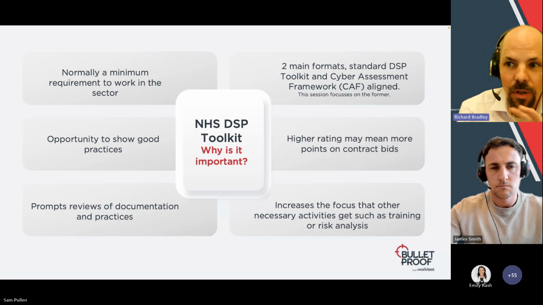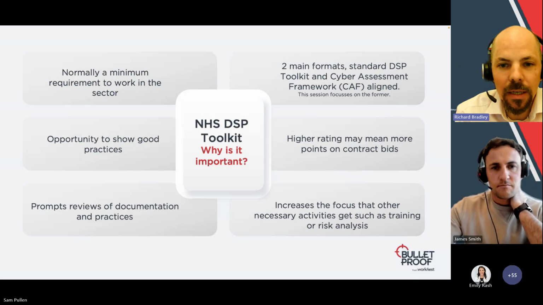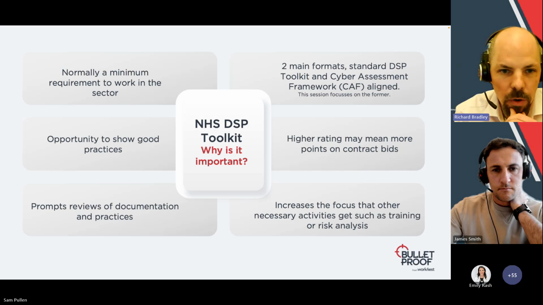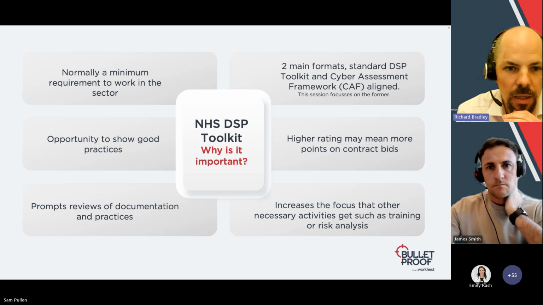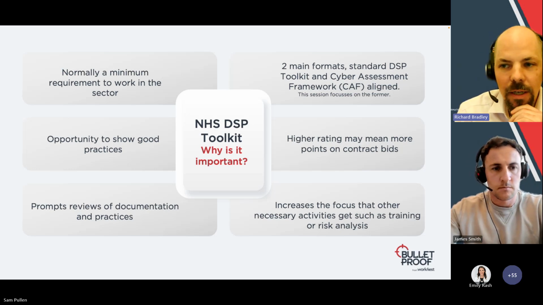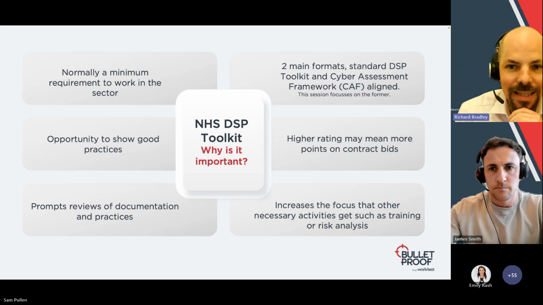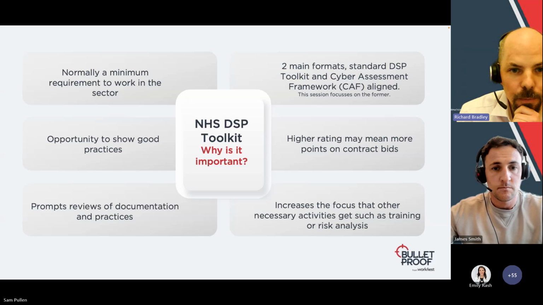It is completely different in its layout and how you complete it, and has a little bit more flexibility in terms of how you respond to some of the requirements. Most of today's going to be focused on the former, but we will still touch on the latter. But just about every aspect of information governance and security is still considered in both. So, more focusing on why it's important to you.